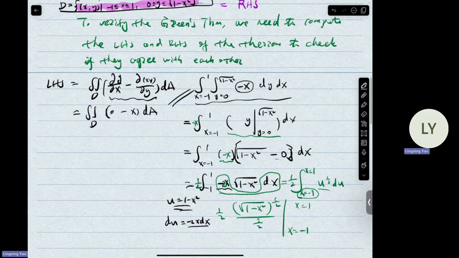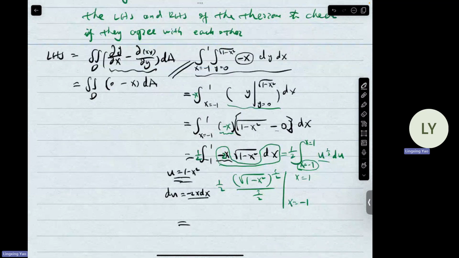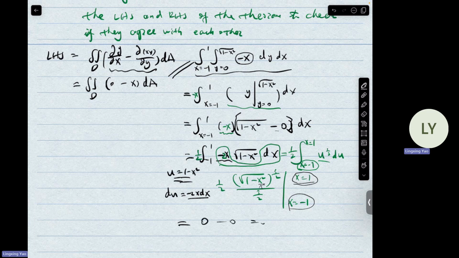So this is our definite integral. I guess we don't have to simplify, because when we plug in x equals 1 here and x equals negative 1 here, they're the same. There's 0 minus 0, which is 0. So on the left hand side, we have 0.